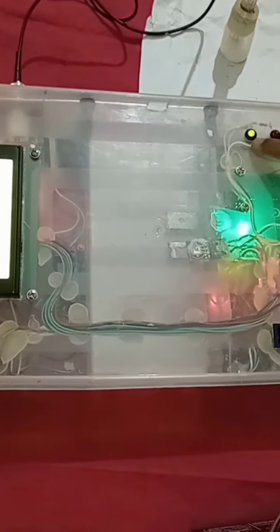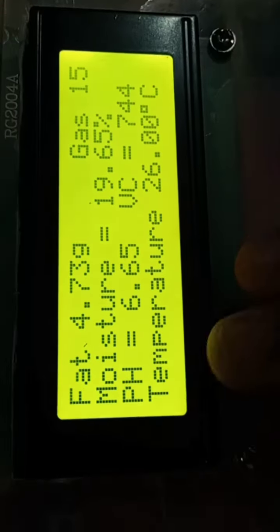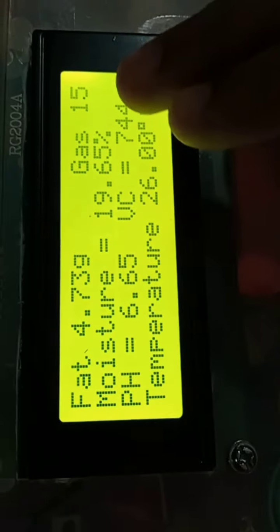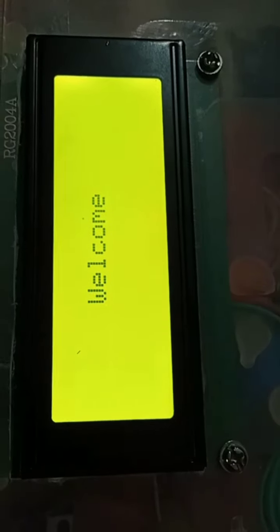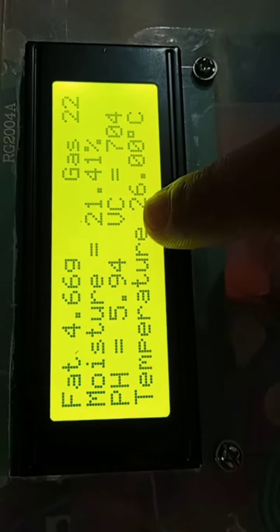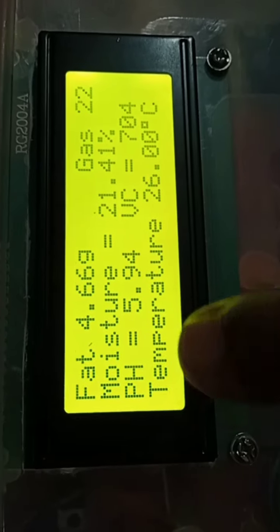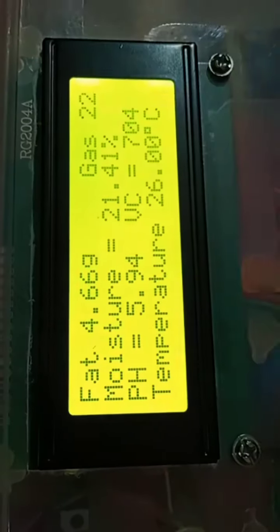Now we will trigger the push button, which will show the first result with the green color LED. Going on to the analog values, as you can see we have fat, gas, moisture, viscosity, temperature, and pH. These are the factors that we are going to determine.